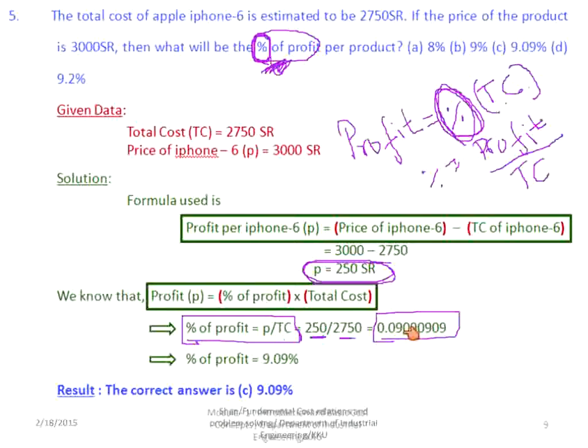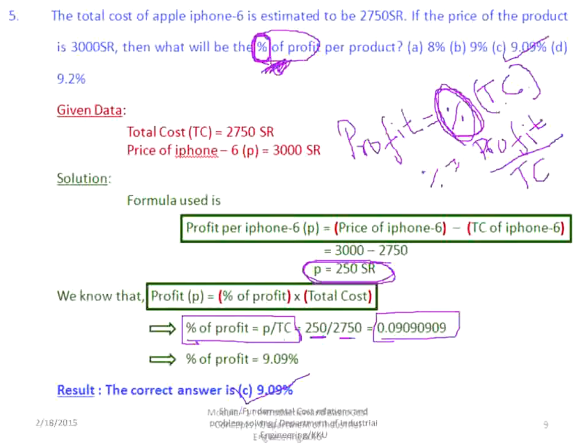After two digits, you write the decimal point. So it becomes 9.09 in terms of percentage. Percentage of profit is going to be 9.09%. So this is the right answer. C is the correct answer.